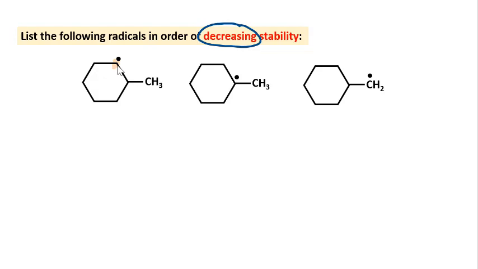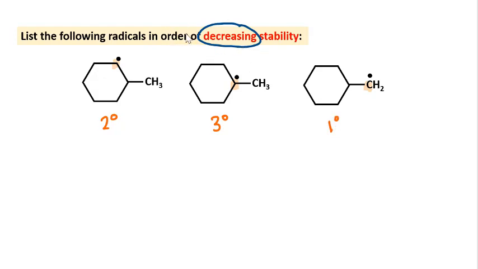For this carbon, there are two carbons beside it, so this one is the secondary carbon radical. For this carbon, we have three carbons attached to it, so this one is the tertiary carbon. And the last carbon radical only has one carbon attached to it, so this one is the primary carbon.